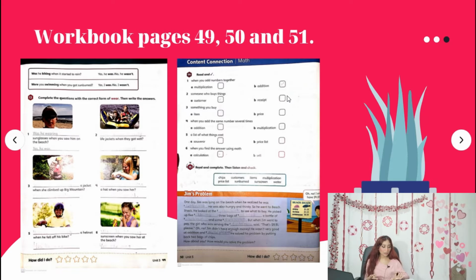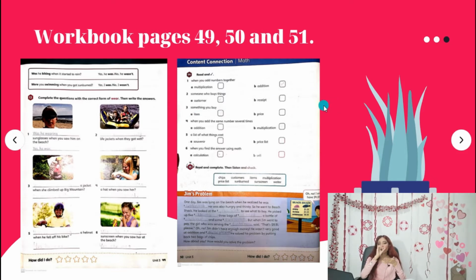The only thing that I could say is that multiplication is similar in Spanish, as you could read, it's about math. If you want to know what an addition is, please take your dictionary or the translator and find the meaning. Okay? So number 2, someone who buys things is a customer or a receipt.